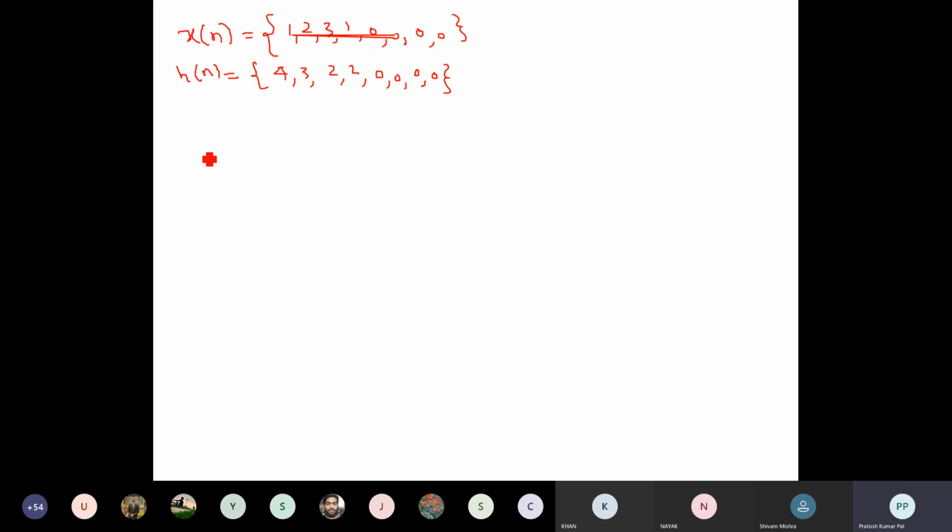We need to find the circular convolution of these two. To find the circular convolution, because it is 8 point, we have to make an 8 cross 8 matrix.